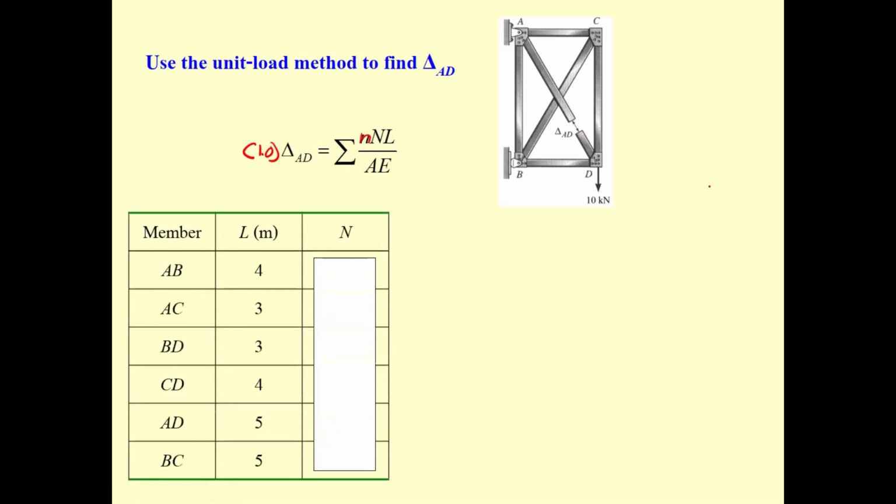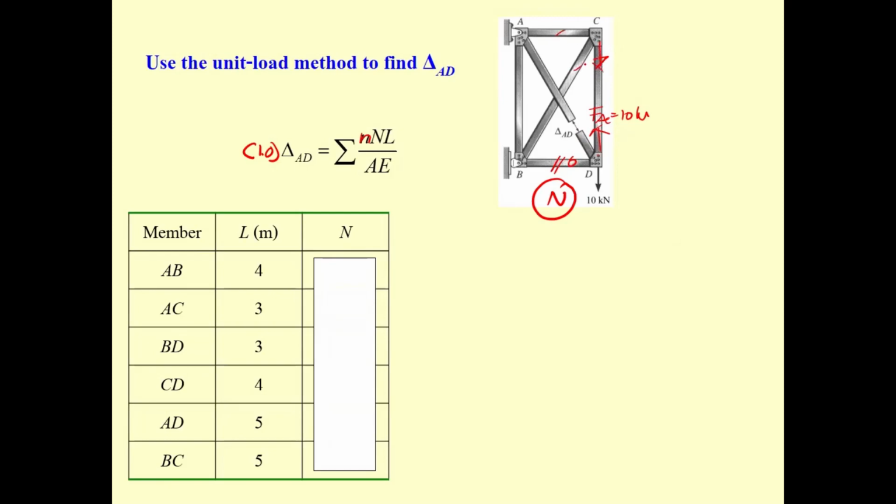Okay, so this one you calculate for capital N. For sure, the force over here, if you cut it, this one F sub AC is going to be 10 kilonewton, and this is going to be 0. And 10 kilonewton here is going to apply over here.